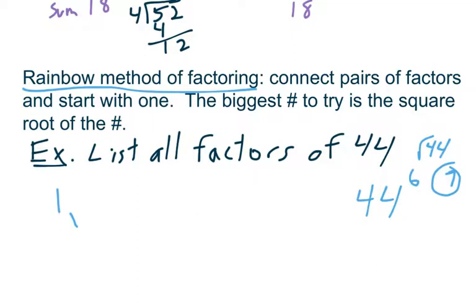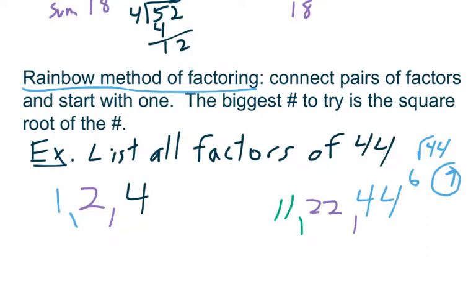So we have 1 and 44. Now I'm going to try the next number, 2. It's even, so 2 will go. I just cut 44 in half, and that would be 22. Next I'm going to try 3. But look, the sum of the digits is 4 plus 4 is 8. 3 will not go into 8, so 3 doesn't go. The next one I try is 4. 4 will go into 44 11 times.